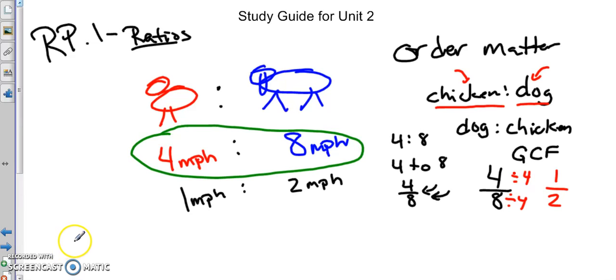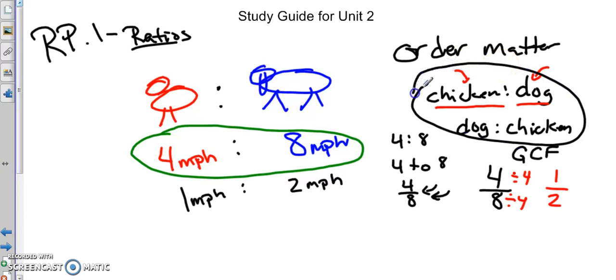If I asked you to rate the speed of the chicken as it compares to the dog, and then if I asked you to compare the speed of the dog to the chicken, those are 2 completely different things, just like we talked about over here. Okay?